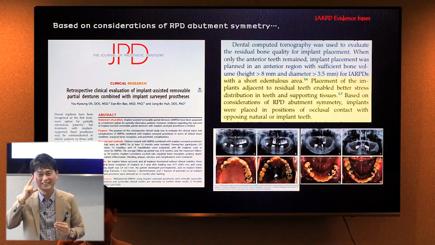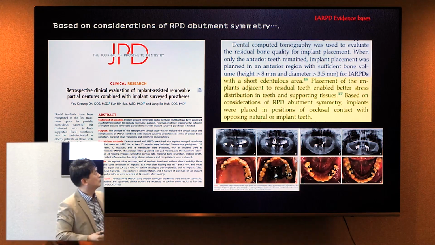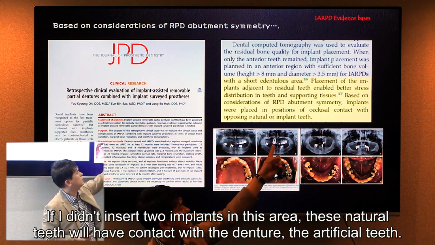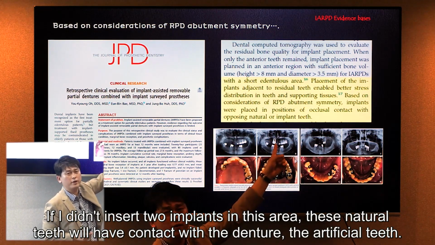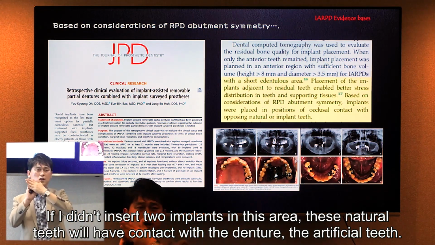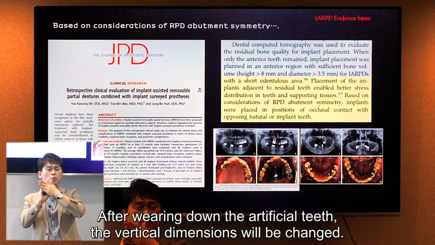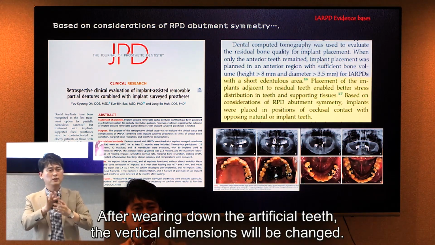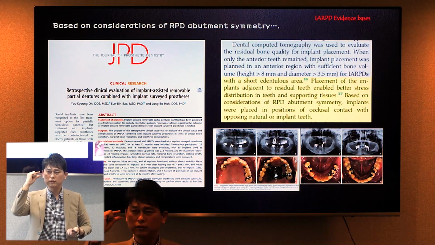Do you understand? If I didn't insert 2 implants in this area, these natural teeth would have to contact with the denture, the artificial teeth. After wearing the artificial teeth, the vertical dimension would be changed.